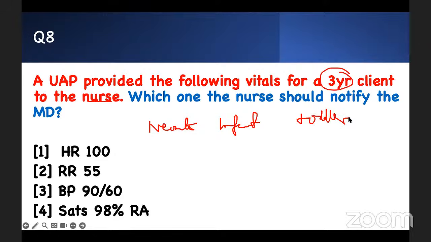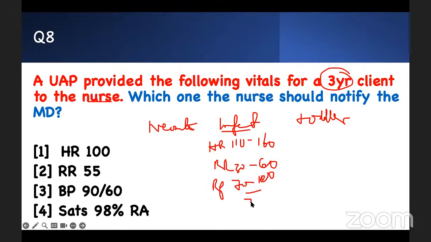The way I remember them, I use the infant as my baseline. So I know the infant's heart rate is 110 to 160, their respiratory rate is 30 to 60, and their blood pressure is like 70 to 100 over 40 to 50.